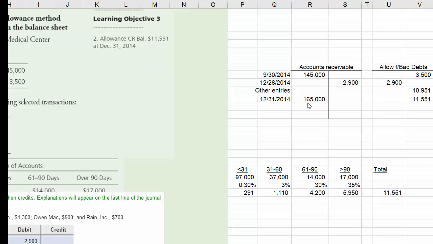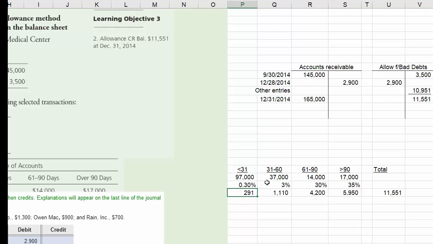And I've formatted some information here for you and repeated that aging of accounts down here so that we could have Excel do the math. And I'm not formatting this perfectly, but you sort of get the idea. They gave us how much was less than 31 days. It was 97,000, and that was the percentage we were to use.